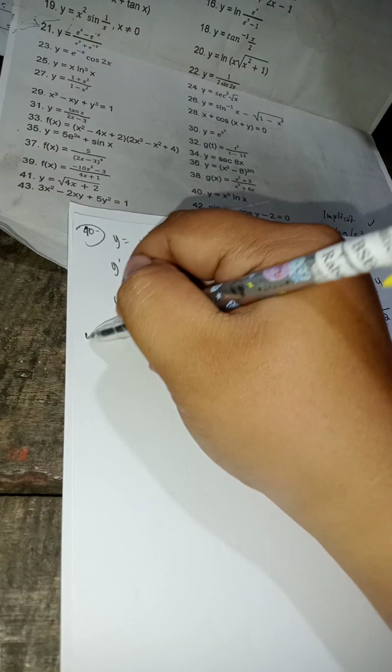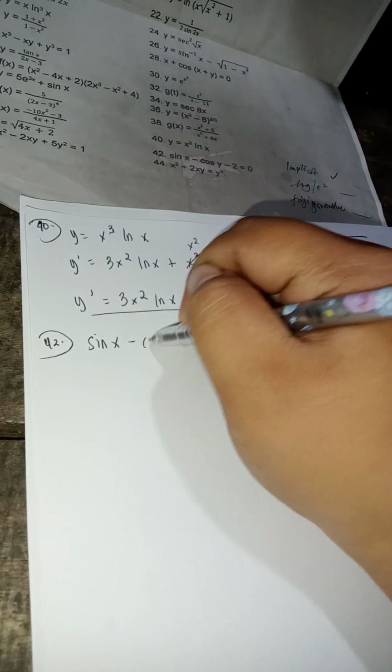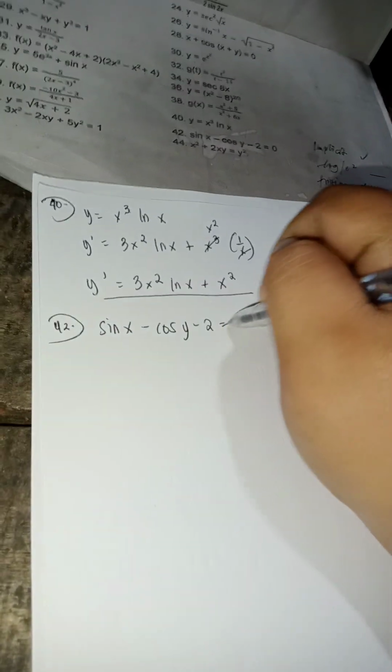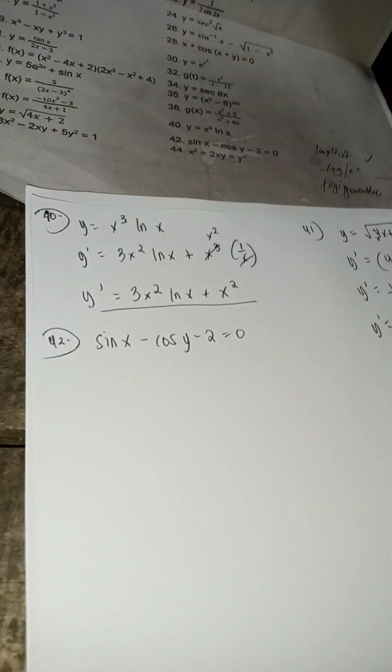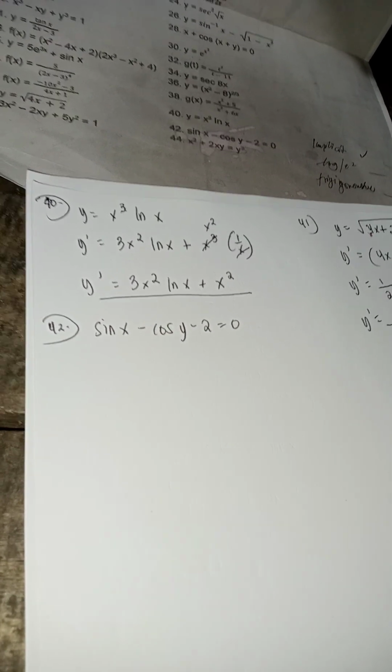Number 42. Sin x minus cos y minus 2 is equal to 0. By solving this number 42, we are going to differentiate it implicitly.